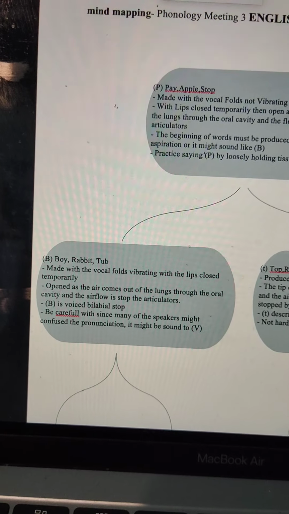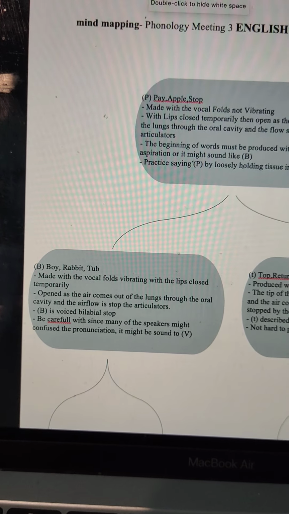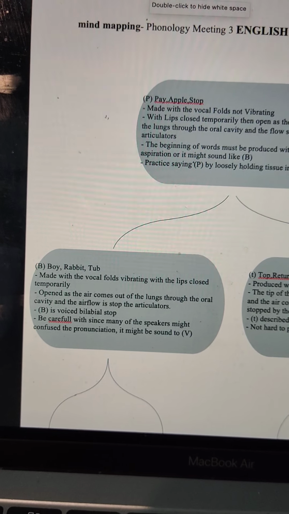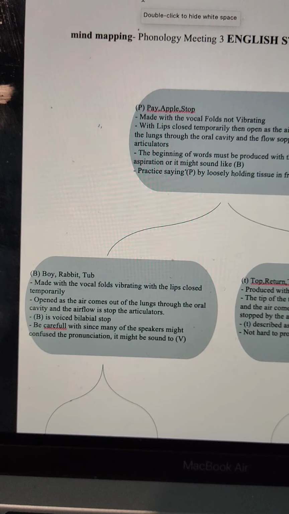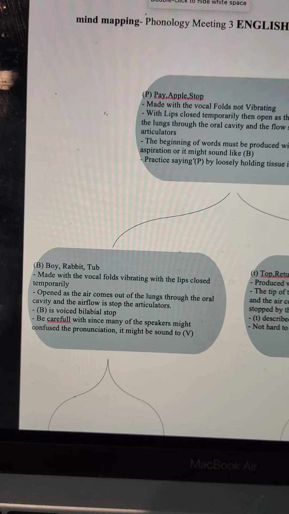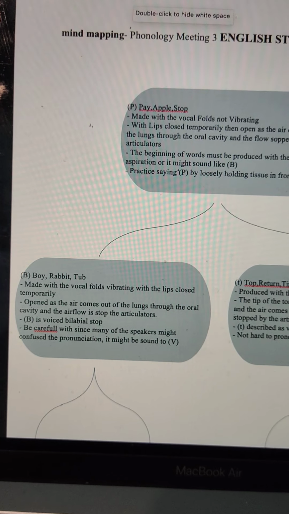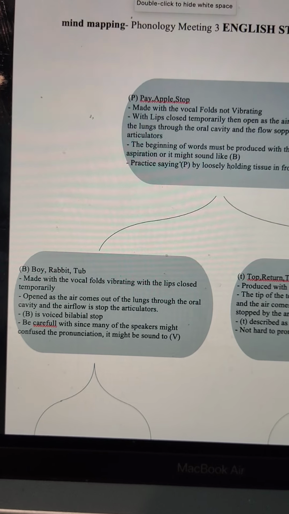Actually this is very simple to say, but as I said and shared here, we need to be careful because it might sound different. So where should B be applied?